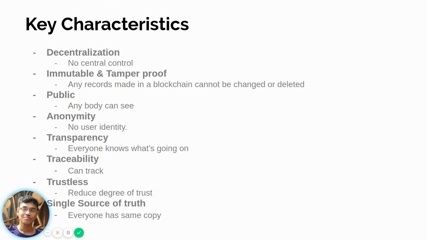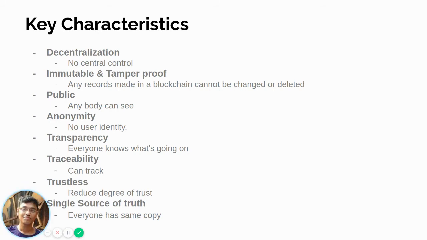Now, no system is actually fully trusted, and building a completely trustless system is not possible. But what we mean by trustless here is that we want to reduce the trust. How do we reduce the trust? By having multiple authorities instead of a single authority to manage the network.